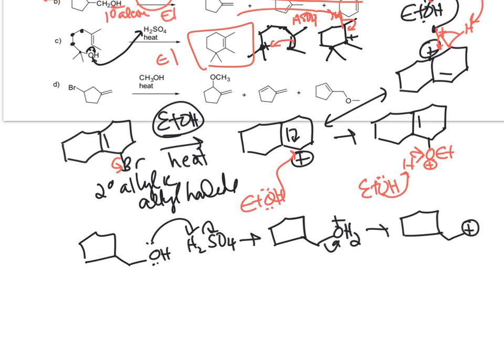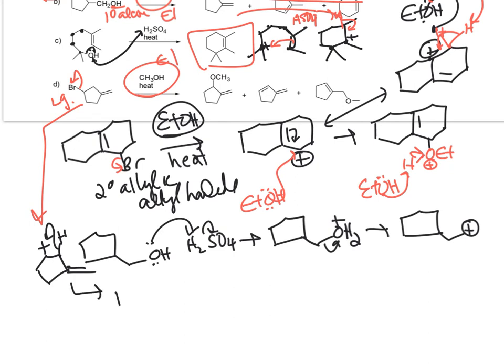Okay, and then D, basically, you have a leaving group, and when that happens, you get the carbocation over there, but you want a hydride shift.